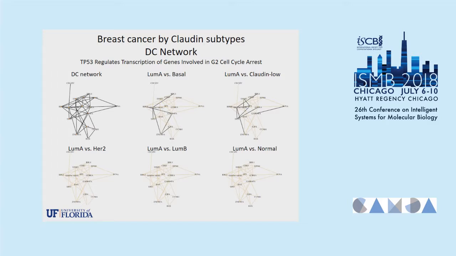And essentially, this overall differential connectivity network is the union of all these individual ones, and there are a few more that I didn't show here. So maybe that helps get a picture. We're looking at pairs of groups of patients. These are the different connections, and then we just take the union.